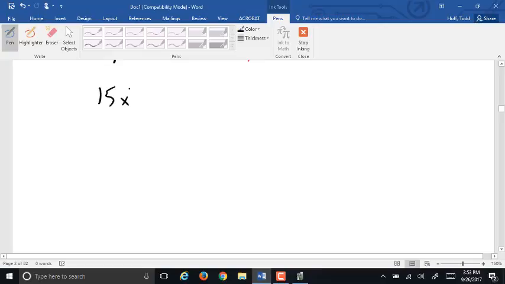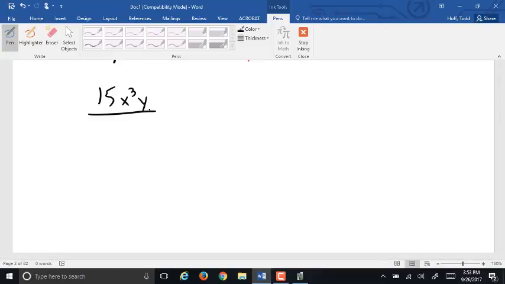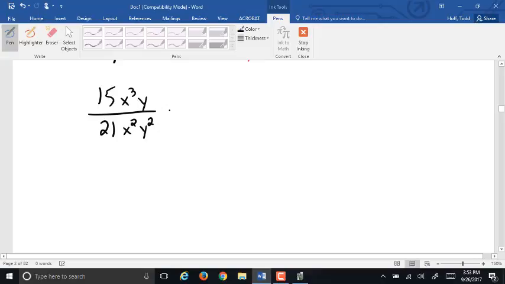So let's try 15x to the third y over 21x squared y squared. So if we factor 15x to the third y, 15 is 3 times 5. That's as far as we can factor it.